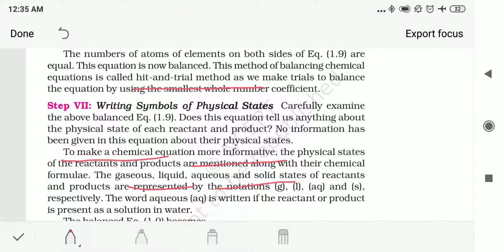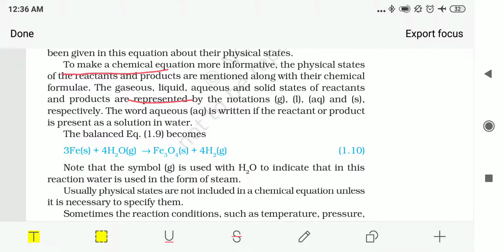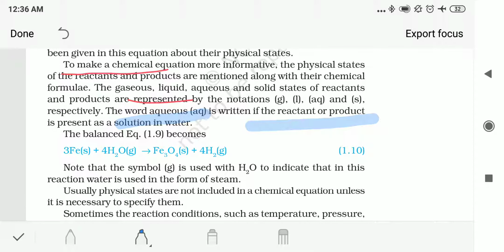For the gaseous state, we write G, for the liquid state, we write L, for aqueous state, we write aq, and for solid state, we write S respectively. The word aqueous (aq) is written if the reactant or product is present as a solution in water. Aqueous means the reactant or product which is present as a solution in water.